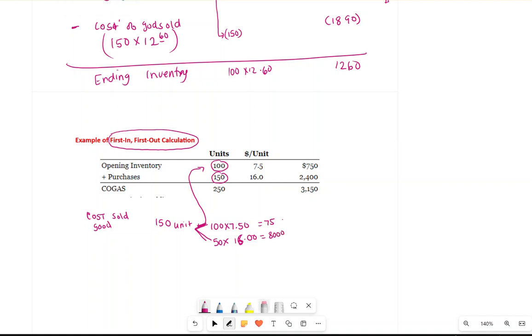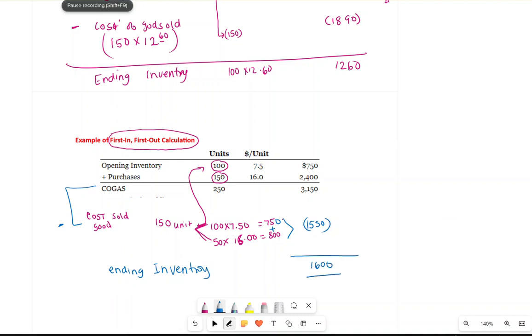So altogether I have $1,550 cost of goods sold if I add both numbers together. Then after that we calculate my ending inventory. Cost of goods available for sale minus your cost of goods sold is my ending inventory, and that is your $1,600.